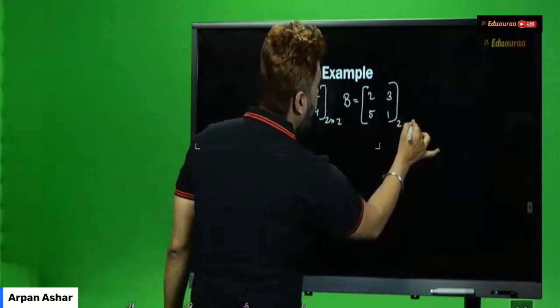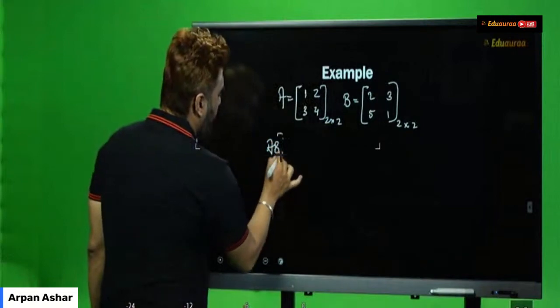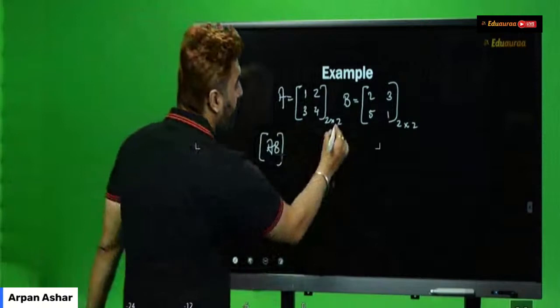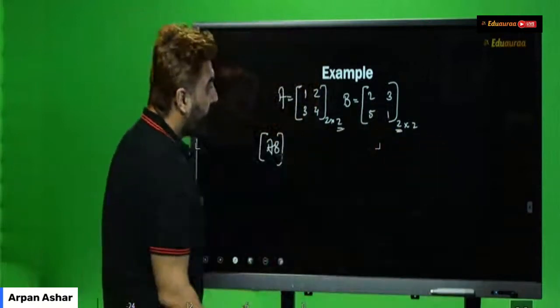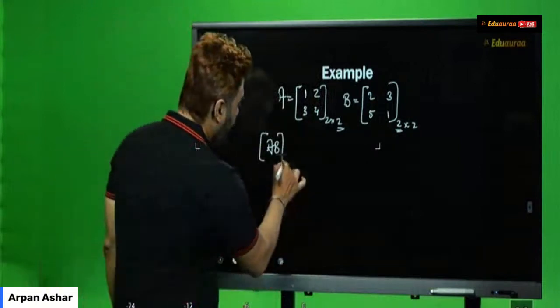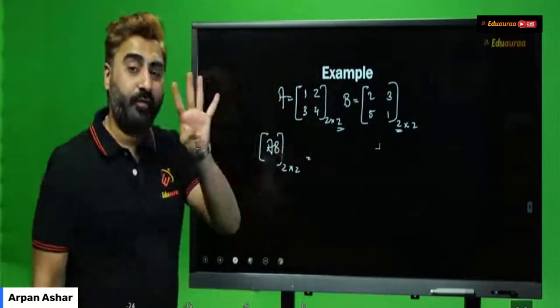What is the order of this matrix? 2/2. So is AB possible? Yes, AB is possible क्योंकि condition match हो रहा है. कौन सा condition? Column of first same as row of second. Now the order of new matrix formed क्या होगा? 2/2.